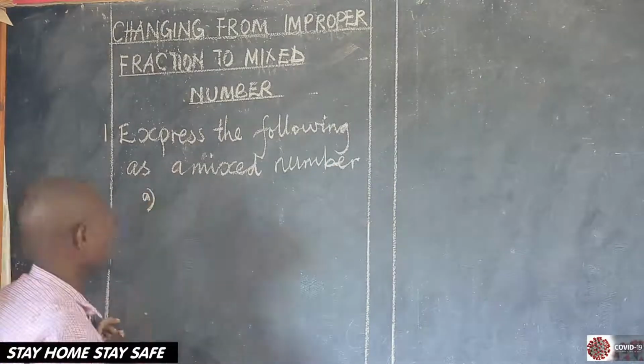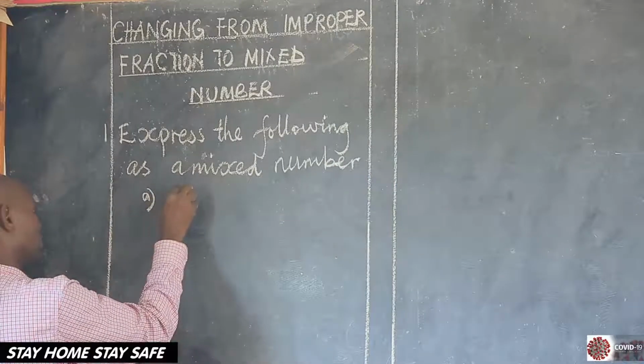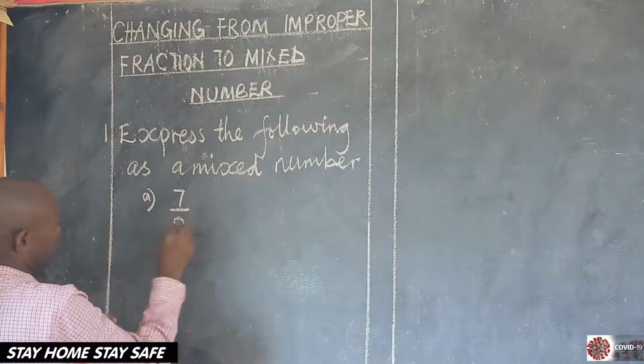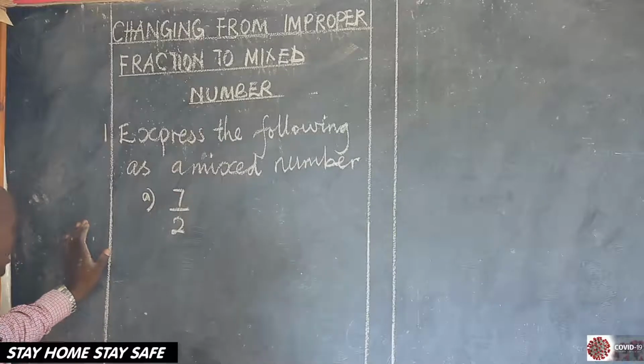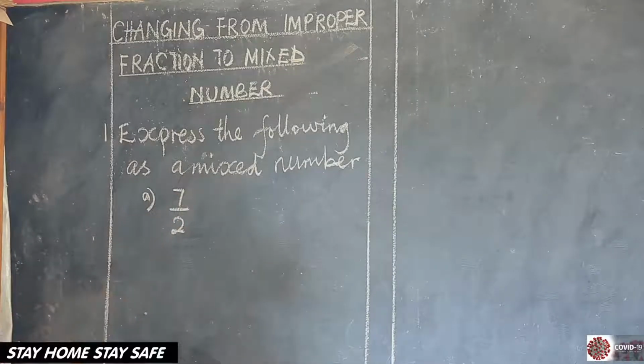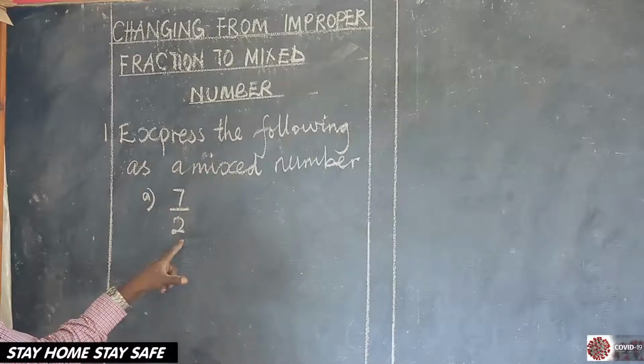And our example 1 is 7 out of 2. Now, 7 out of 2 can be read as 7 halves.